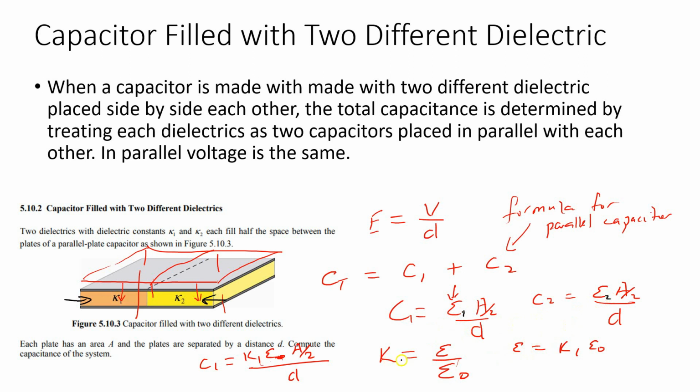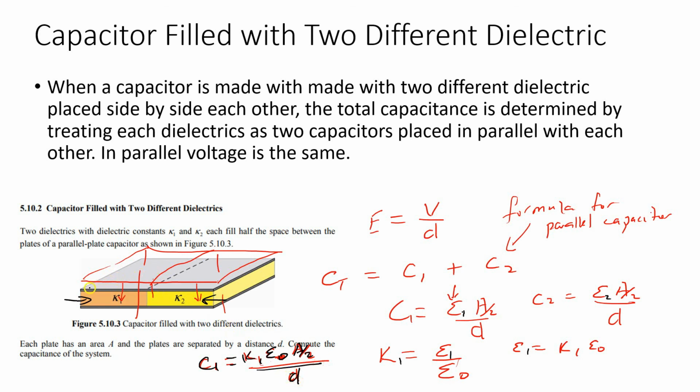But we can recall that K is equal to epsilon divided by epsilon naught, so we can transpose that equation to find what epsilon is. So epsilon 1 is going to equal K1 times epsilon naught. And just substituting that, we get that C1 is equal to K1 epsilon naught times the area of that plate, right?